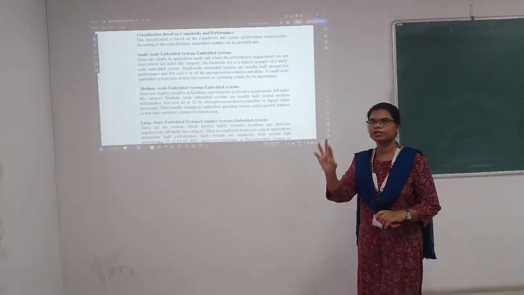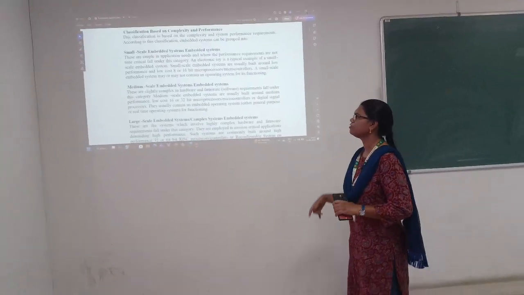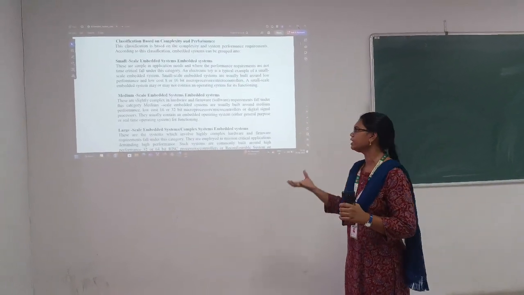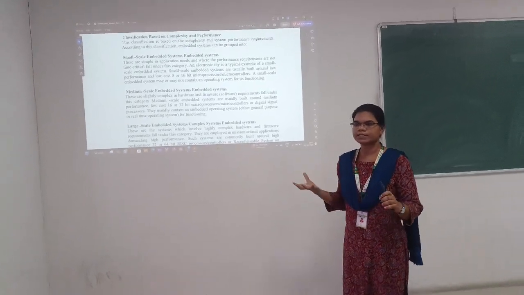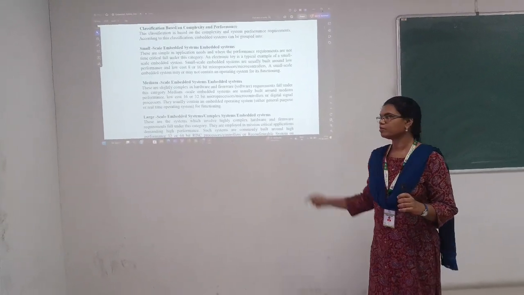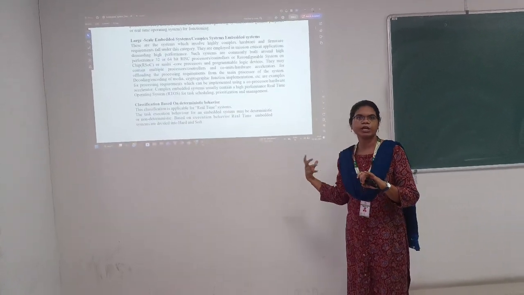And the next one is the large scale embedded system. The name itself says it is a large scale and complex embedded system. We will be using it for high performance.